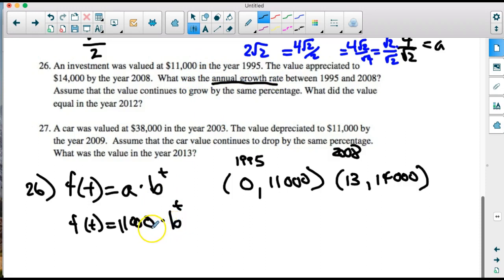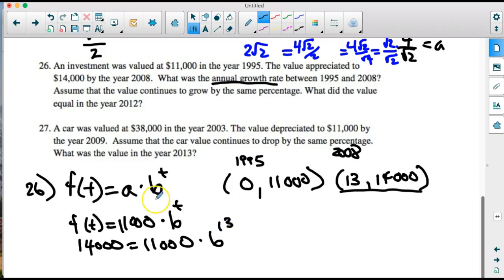So in this case, we plug in our second point, 14,000 equals 11,000 times b to the 13th power. Okay, so we're going to divide 14,000 by 11,000, and we get 1.27 repeating.